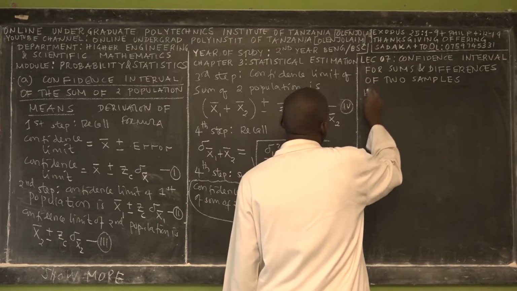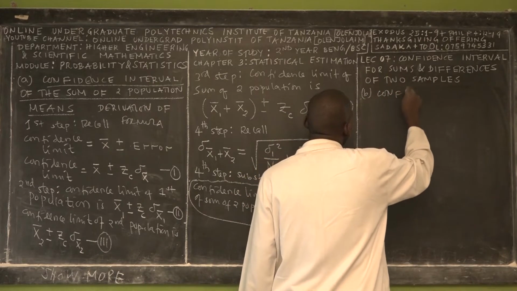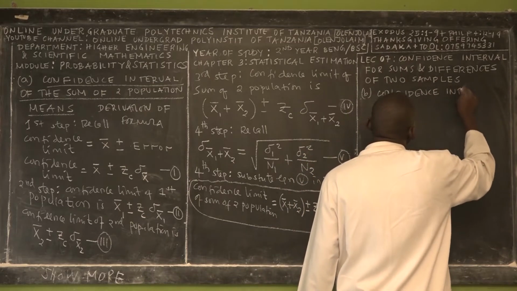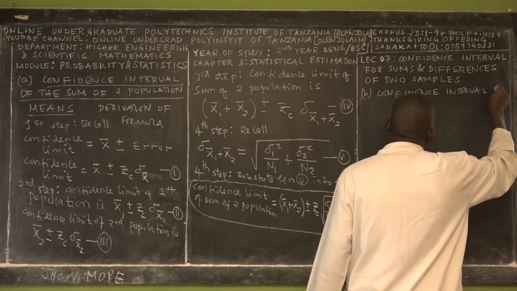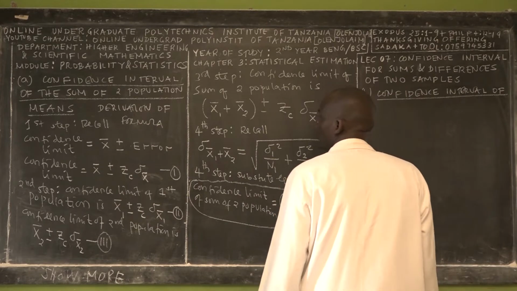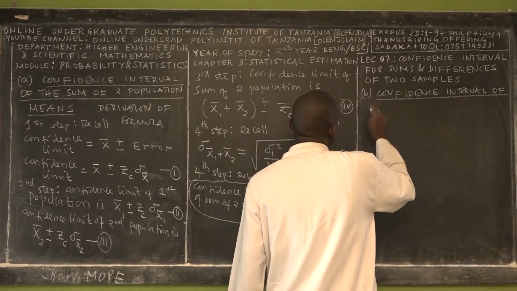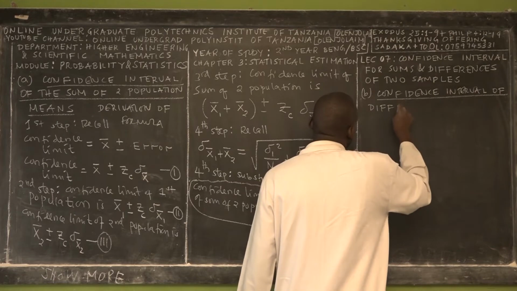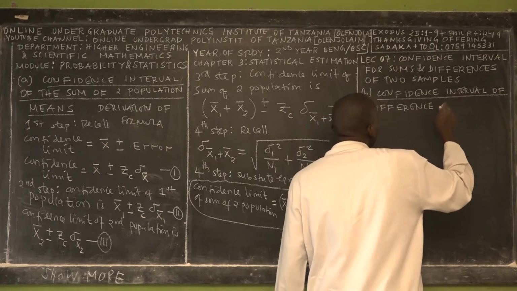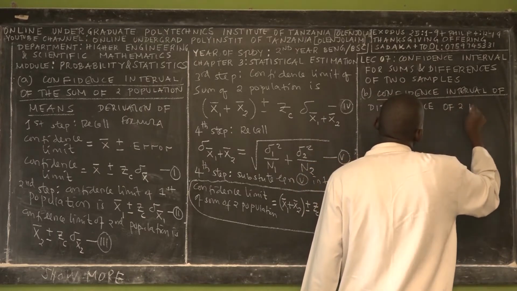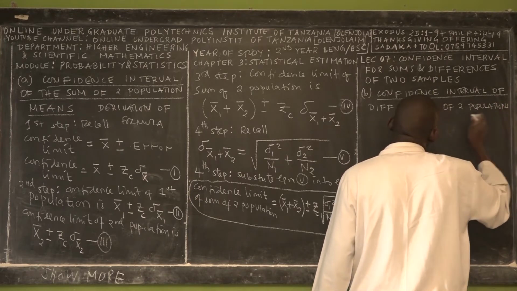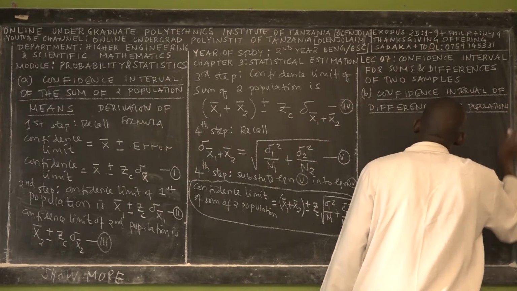So for B, let me teach you how you can find the confidence interval of the difference of two populations.